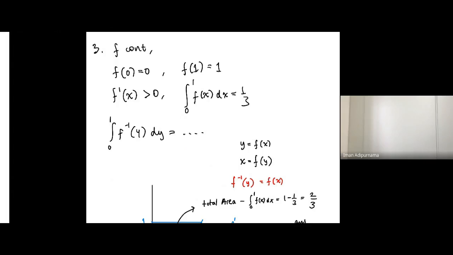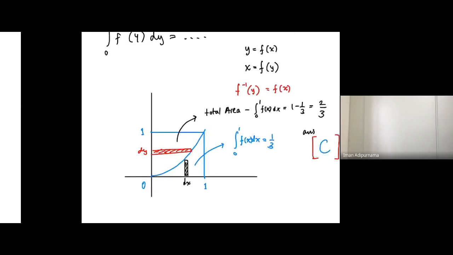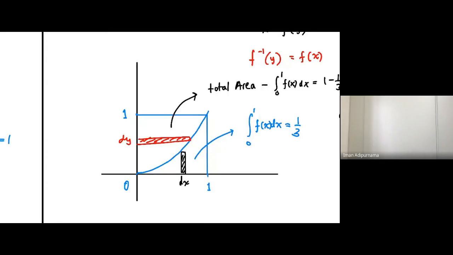So let me give you the idea. If this is f of x, and this is your dx, the integration from 0 to 1 under the curve is this 1 over 3, this area. If you have the f inverse y, the same curve, and then dy, which means you are switching domain and range. Is that correct?